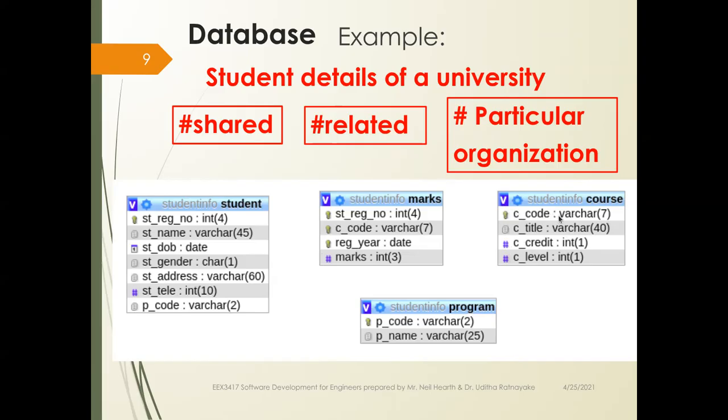By using this primary key. Here there are 3 primary keys, and you can access using a combination of 3 values. We can access this marks table by student registration number, course code, registration year.